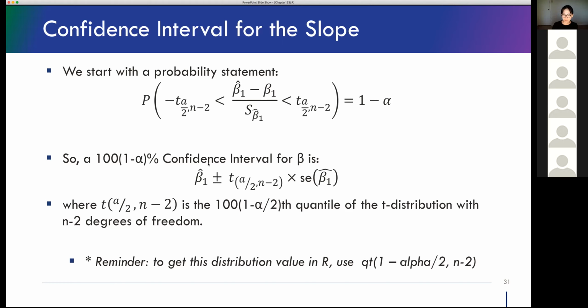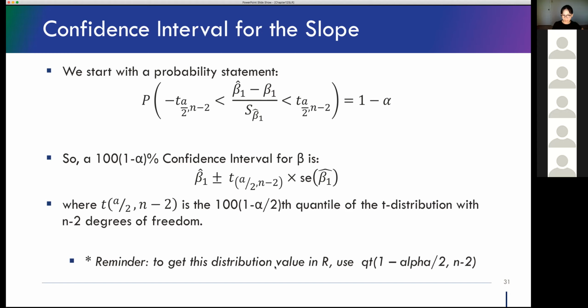It's the same thing: this is replaced by the estimate of our slope, beta 1 hat, and this is replaced by the standard error of beta 1 hat.